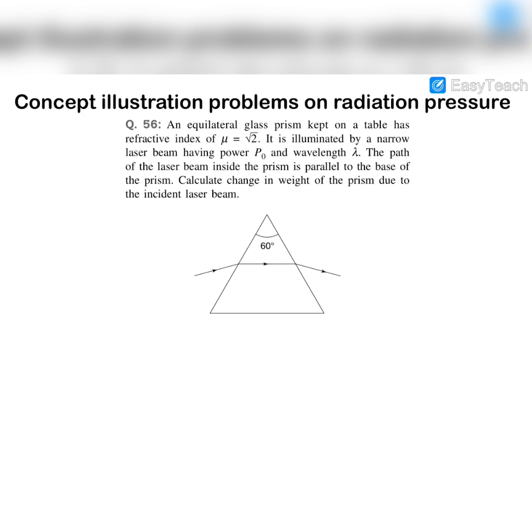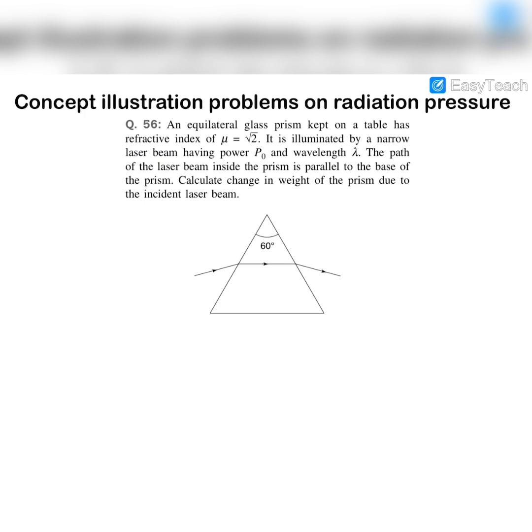Now this prism is illuminated with a narrow laser beam having power P naught, and the wavelength of the beam is lambda. Now this laser beam passes through the prism in such a way that it passes parallel to the base of the prism from the region inside the prism. So we have to find out the change in the weight of the prism due to this incident laser beam.